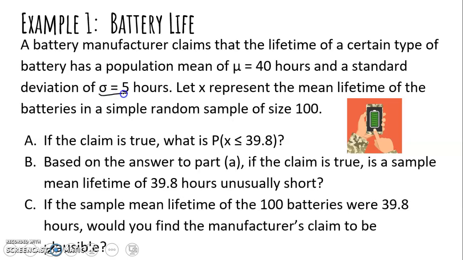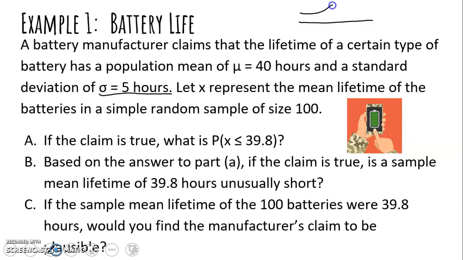That means, because they use sigma, that standard deviation is a population standard deviation. Let X represent the mean lifetime of batteries in a simple random sample of size 100. If the claim is true, what is the probability that X is less than or equal to 39.8?